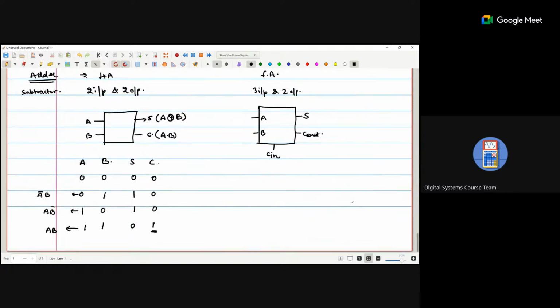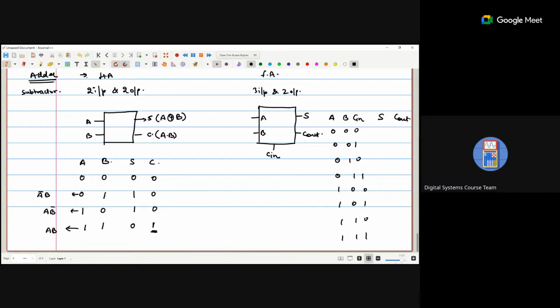Okay. Similarly, if we draw the truth table for this one, we are taking A, B, and C in as input, and sum and C out as the output. So with three inputs, we have eight possible combinations: 0, 0, 0, 0, 0, 1, 0, 1, 0, 0, 1, 1, 1, 0, 0, 1, 0, 1, 1, 1, 0, and 1, 1, 1.